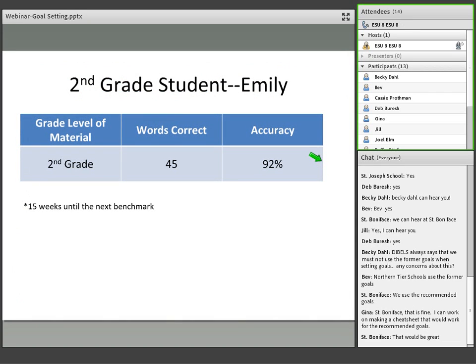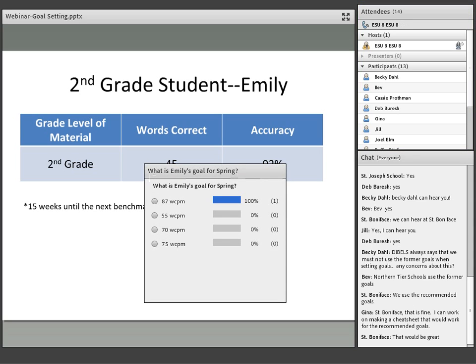All right, so here we have second grader Emily. And again, you have your 15-week goal setting chart in front of you. So second grader Emily, she read 45 words correct with 92% accuracy. I'm going to give you a second to think about what Emily's goal would be, and you can go ahead and fill out the poll.